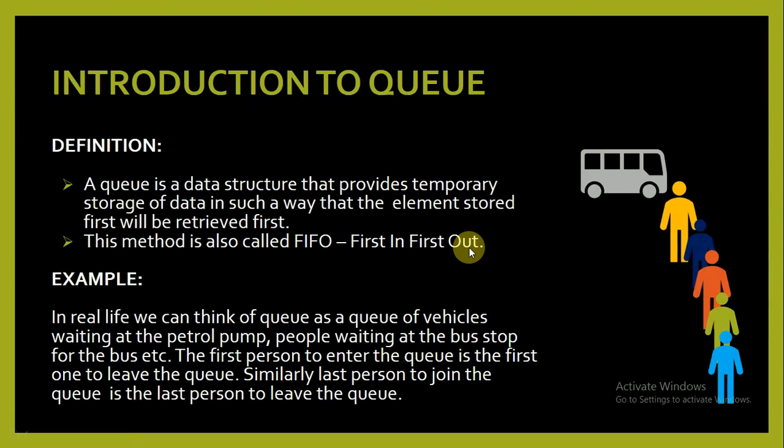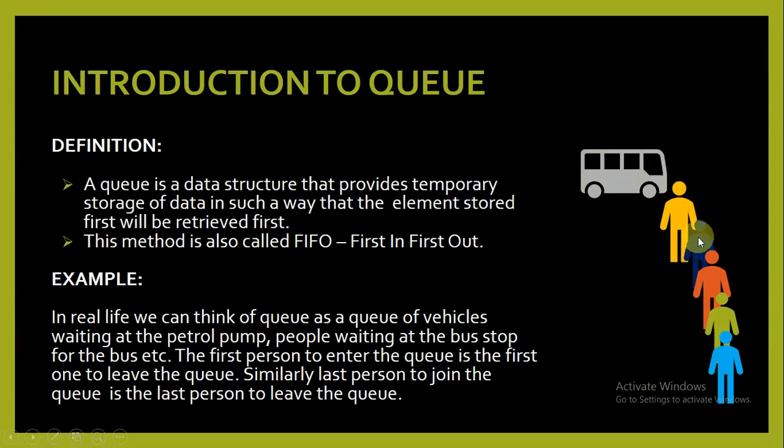To understand it more clearly, let us relate it to some real life examples. You might have seen a queue in real life, a queue of vehicles waiting at the petrol pump, or a queue of people waiting at the bus stop for the bus, etc. Here I have given an example of people waiting at the bus stop, and this is a queue of people. This is the person who enters first in the queue. Then the next person joins, then the next, and so on.